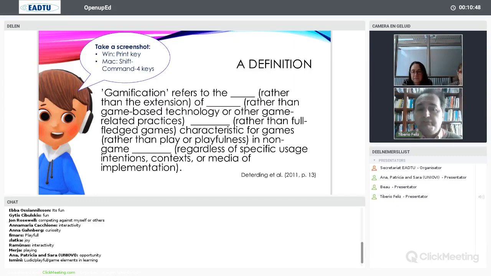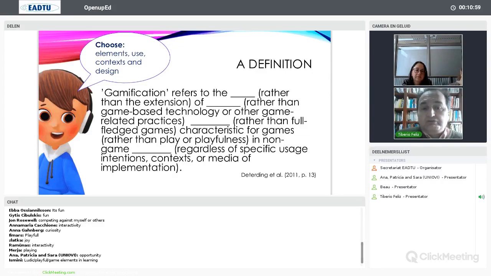If not, we play directly with it. The 4 words we suggest you write in the blanks are elements, use, context, and design.